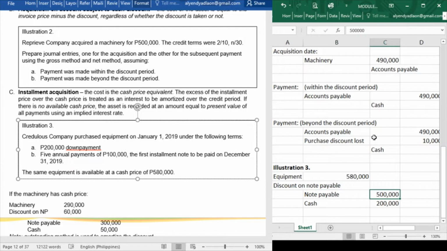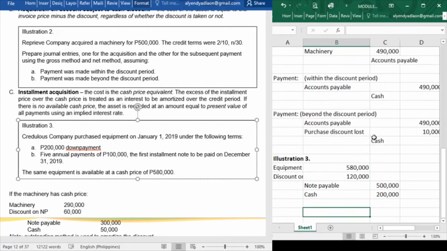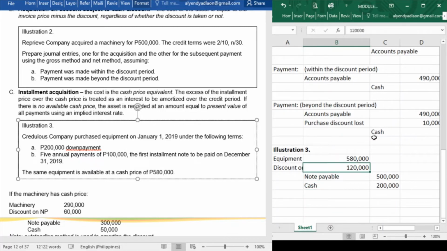So how much is the difference? That is 700,000 minus 580,000. So the discount on note payable is 120,000. Take note of this one: we treat the difference of the installment price and the cash price as a discount on note payable. So this is the journal entry at the time of acquisition.